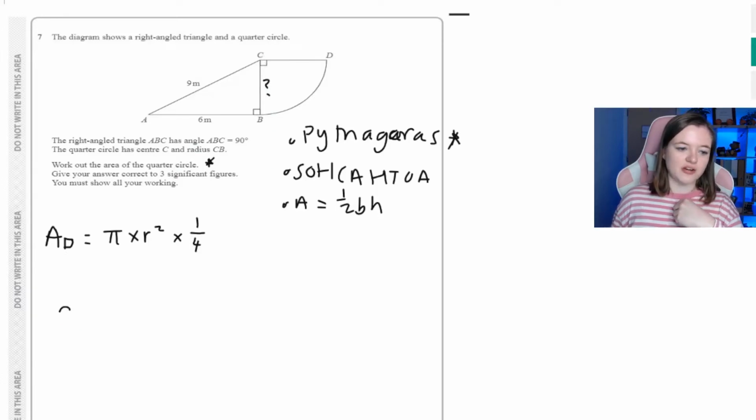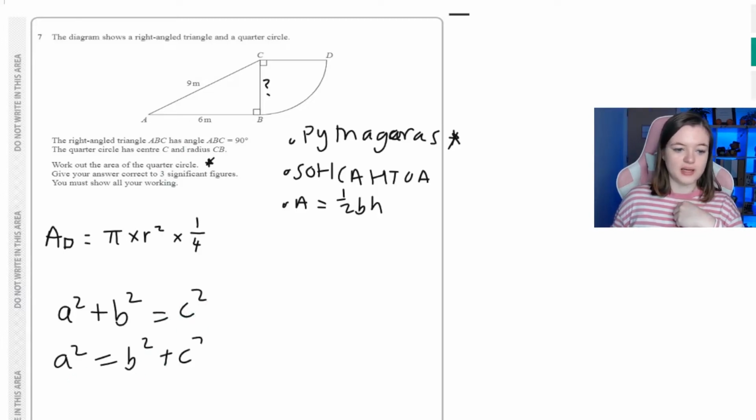Pythagoras' theorem is a squared plus b squared equals c squared. You could also organise it as a squared equals b squared plus c squared. Same thing. Essentially, whatever you have on its own on one side of the equal sign has to be the hypotenuse, the longest side.